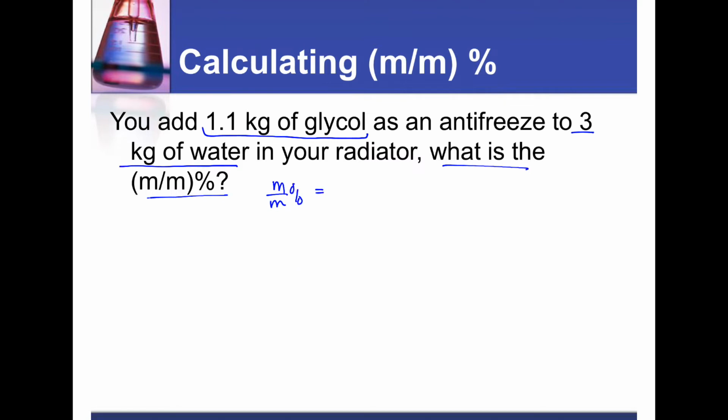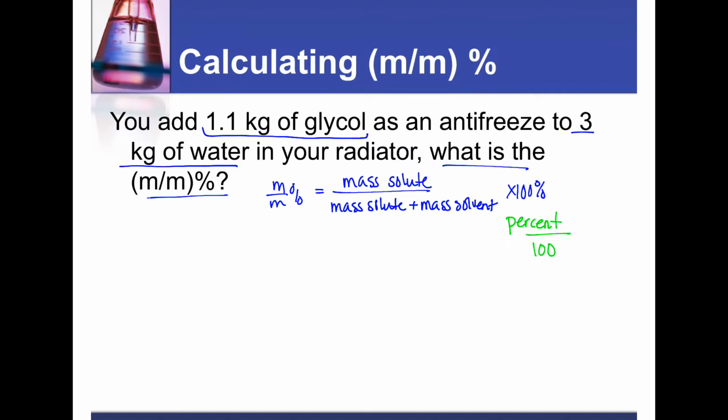It's going to be the mass of the solute, that's what there is less of, divided by the mass of the solute plus the mass of the solvent on the bottom, times 100%. And just a little reminder, when we see the word percent, cent means 100. So that means that we are multiplying it by 100. So anything with a percent, we always multiply by 100.